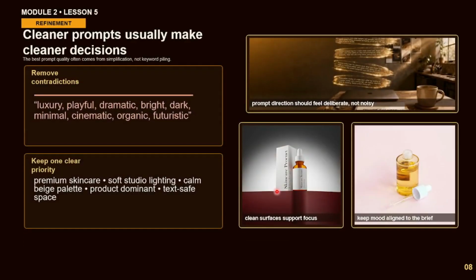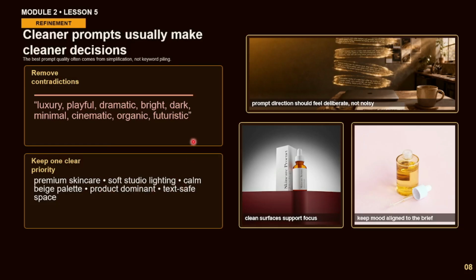Final refinement loop. The cleaner prompt usually makes a cleaner direction, right? The best prompt quality often comes from simplification, not keyword piling. So remove contradictions: luxury, playful, dramatic, bright, dark, minimal, cinematic, organic, futuristic. Give one clear priority: premium skincare, soft studio lighting, calm beige palette, product dominant, text-safe space.